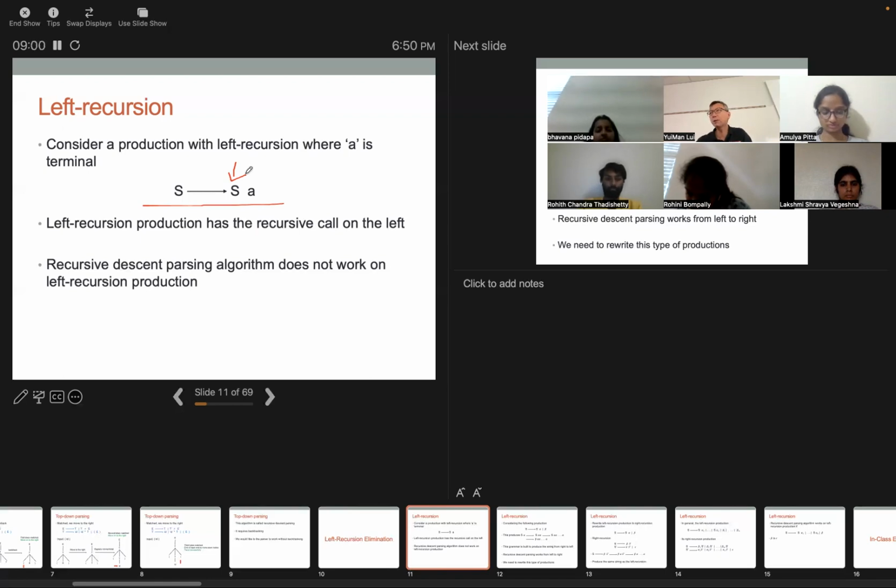So the thing we want to do is to make the left recursion production into a right recursion production. Right recursion is okay. Left recursion is not okay. So you need to know what is the left recursion, what's the right recursion. Left recursion means your recursive call is on the left. On the left, it's not okay. On the right, it's okay.